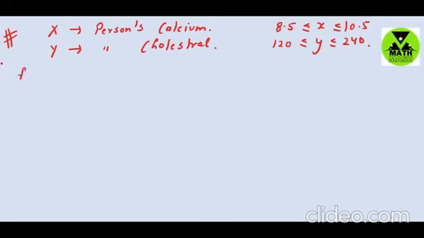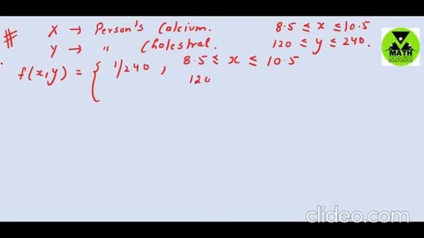We know that the joint density function f of x comma y is 1 by 240 whenever 8.5 is less than or equal to x less than or equal to 10.5, and 120 is less than or equal to y less than or equal to 240, and 0 elsewhere.